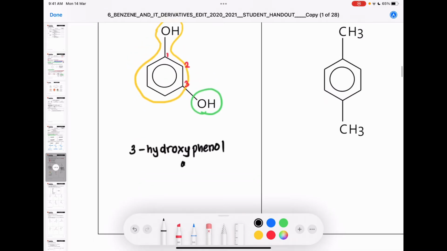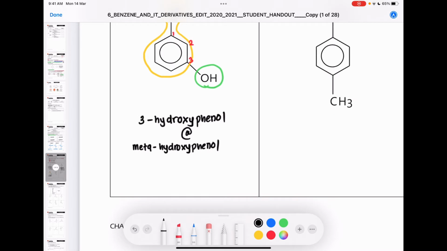Or, because both of the OH are 1,3, we are going to name it as meta-hydroxyphenol. We know the location is 1,3. Or we can name it as M-hydroxyphenol.